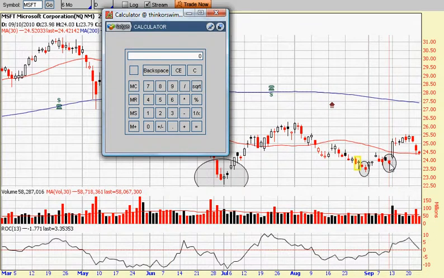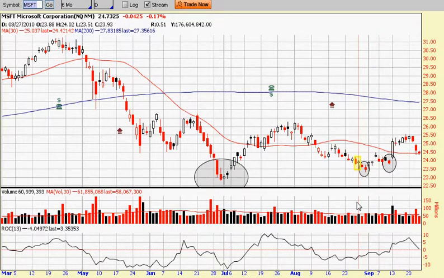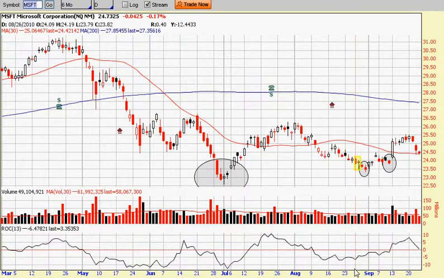The last basing point was about 23.75, and I need 94% of that to get my stop price. So I'm going to set my stop at 22.32 or 22.33. And like I said before, that is just for black swans.